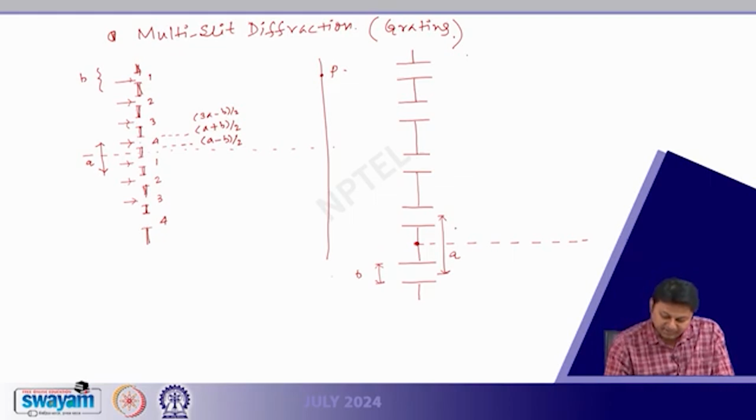So, this point here is A minus B by 2, that is the first coordinate of the first point. Then I go up to this slit, and this one is A plus B by 2.